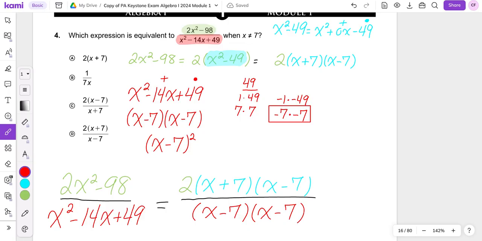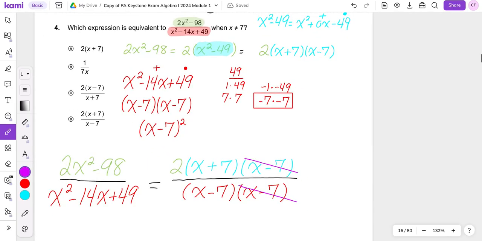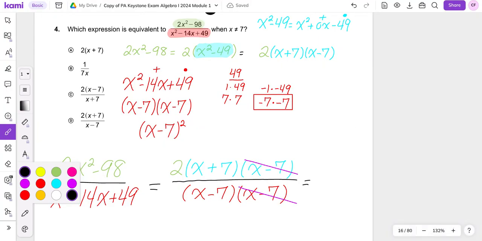What can we simplify and cross out? That's the same on both sides now. Well, both the top and the bottom have the x minus 7s. So my final answer then would be the 2 is still on top, along with the x plus 7 in blue.